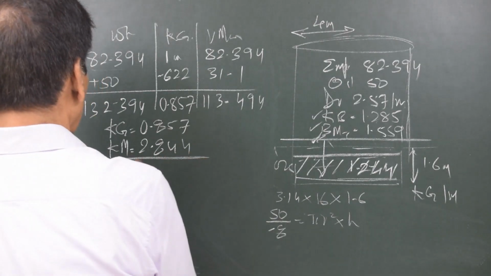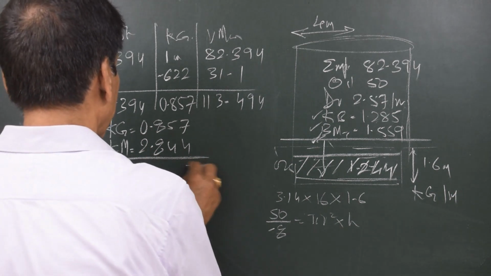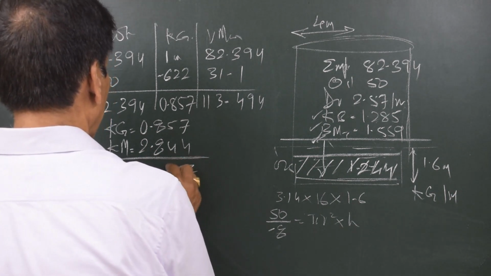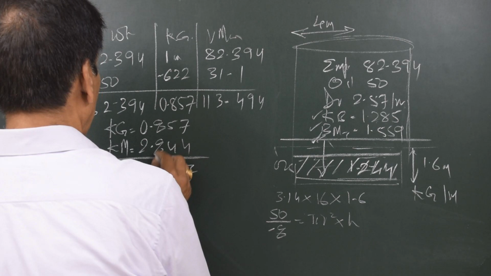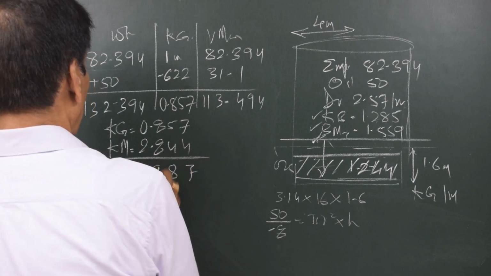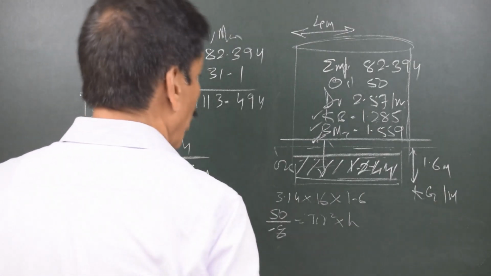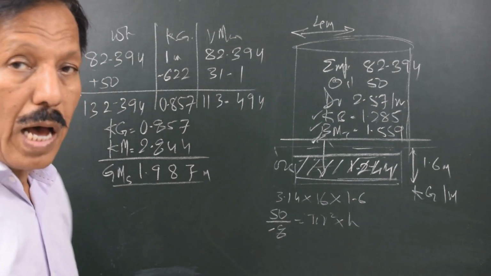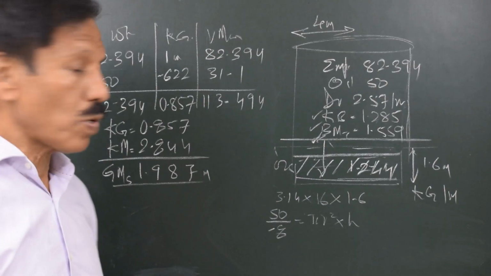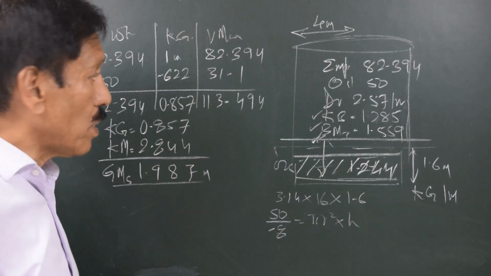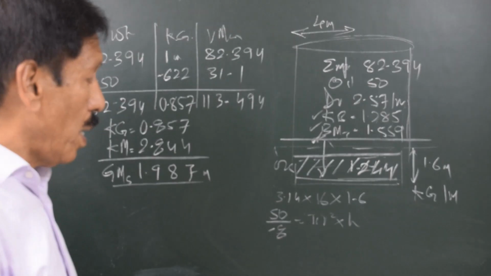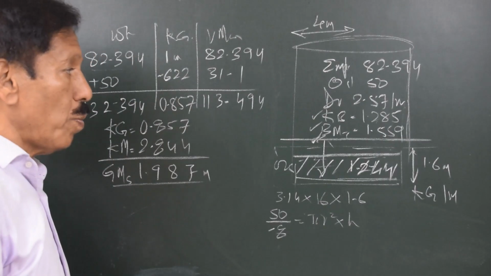That gives you GM solid as 1.987 meters. But the last part of this calculation should not be forgotten, because you have free surface of liquid, and the free surface moment has to be found out.